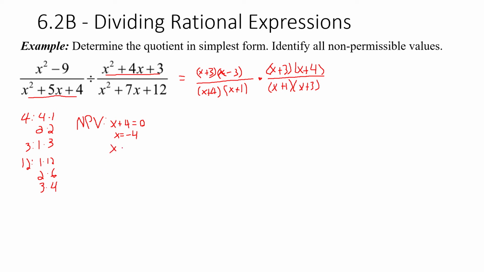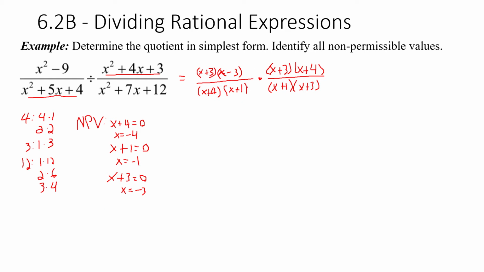So x plus 1, find out what would make that 0 by subtracting 1 from both sides. And negative 1 would make either of these two 0. And one last one, x plus 3 is equal to 0. Subtract 3 from both sides to find that x cannot be negative 3. So our non-permissible value list is negative 4, negative 3, negative 1.